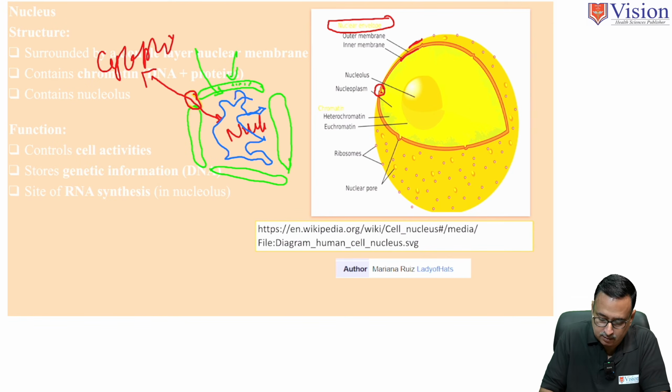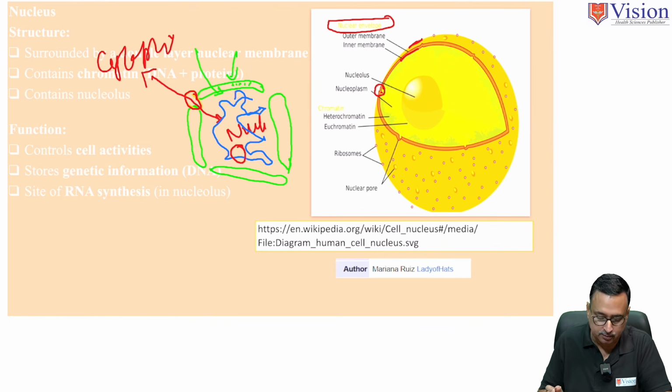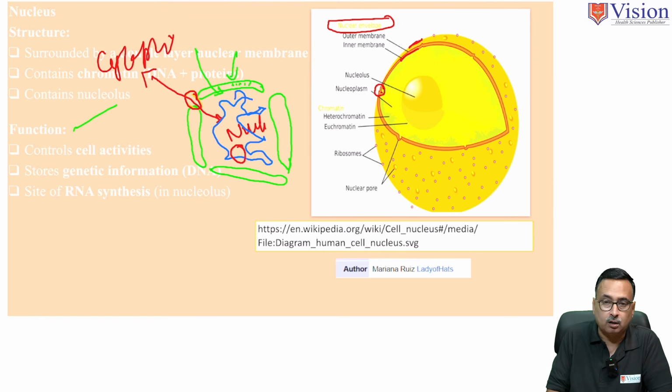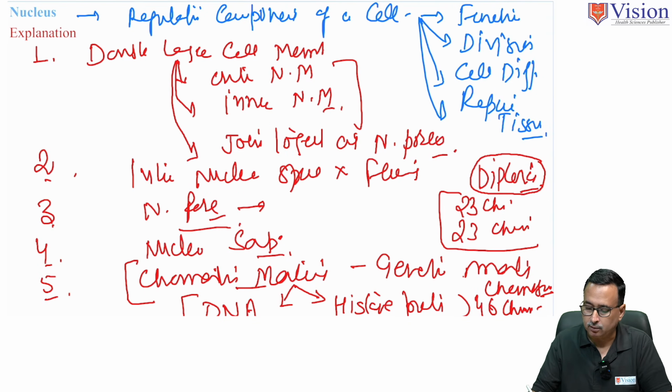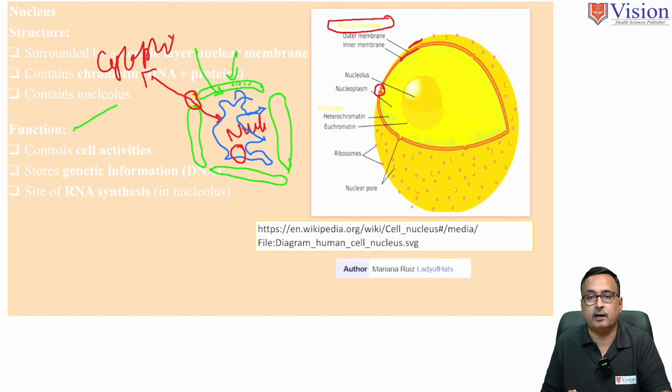And over this, I can draw over here a nucleolus. So these are the components of a nucleus. Regarding functions, as I said in my previous slide, it controls cell function, cell division, cell differentiation, and repair of body tissues. And the nucleus is the genetic material because the nucleus carries information from parents to offspring.